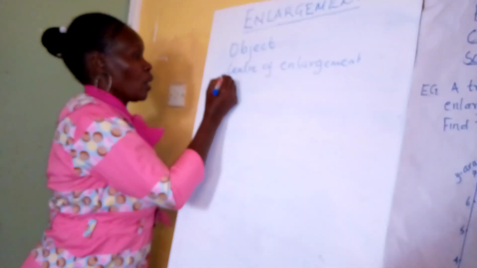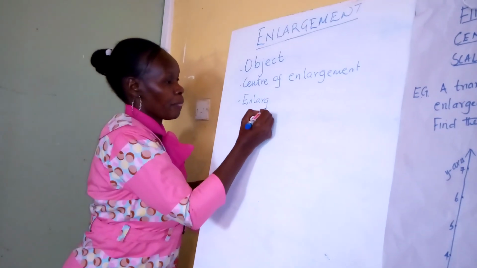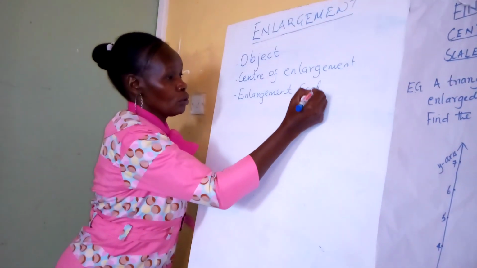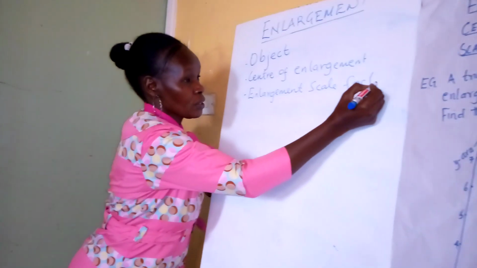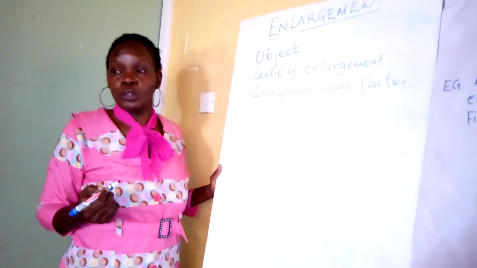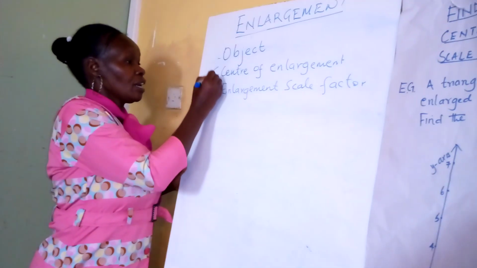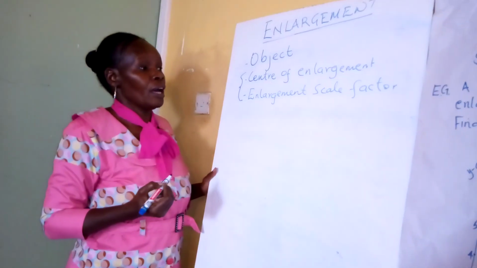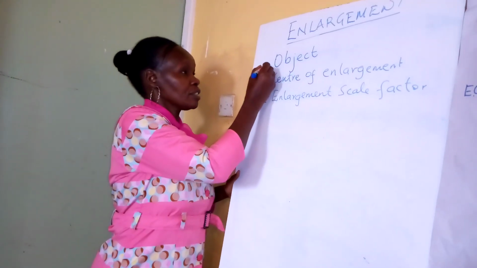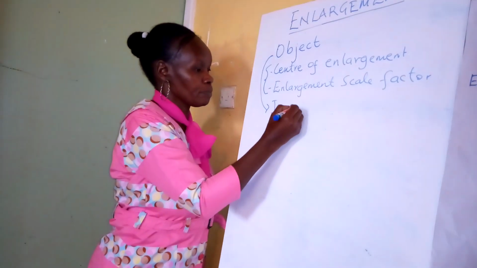And you are also supposed to have the enlargement scale factor. You have already come across scale factor, especially linear scale factor, when you are doing similarity. So with the center of enlargement and enlargement scale factor, if you've been given the object, it is now very possible for you to get the image.